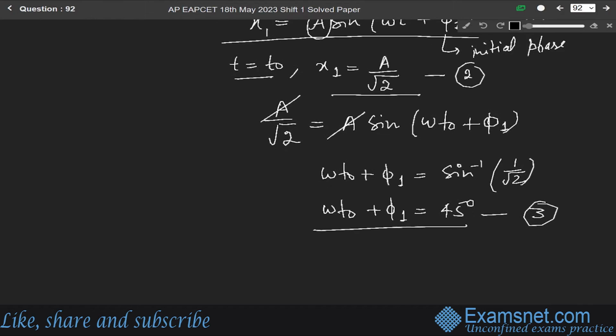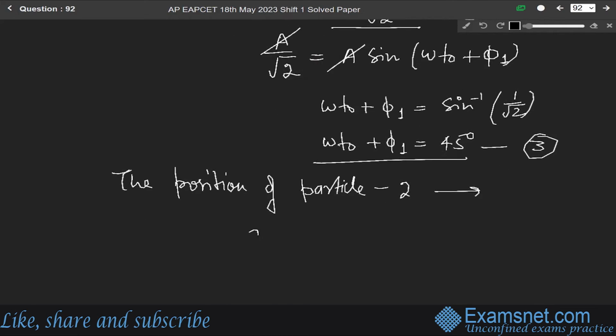Now, the position of particle 2 is given as x2 equals a sine of omega t plus phi 2, using the general equation. This phi 2 is the final phase.